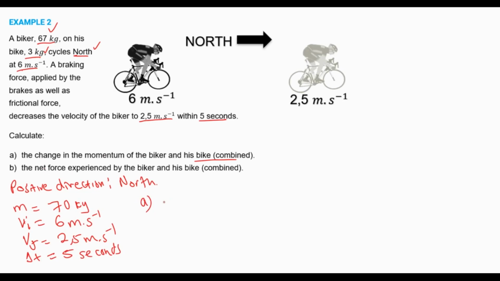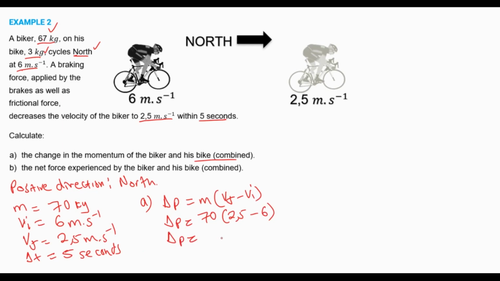A, change in momentum is equal to mass times final velocity minus initial velocity. So change in momentum is going to be the mass, which is 70 kg combined here. This is biker and the bike. And then the final velocity is 2.5 minus the initial velocity, which is 6. Right, and then put this in the calculator.